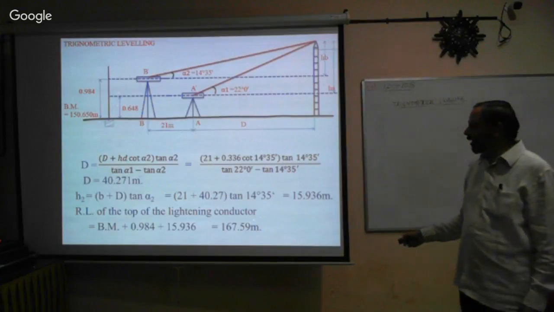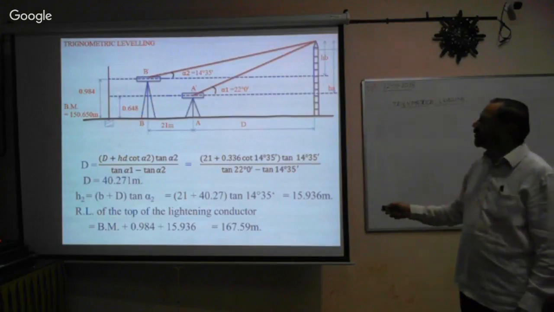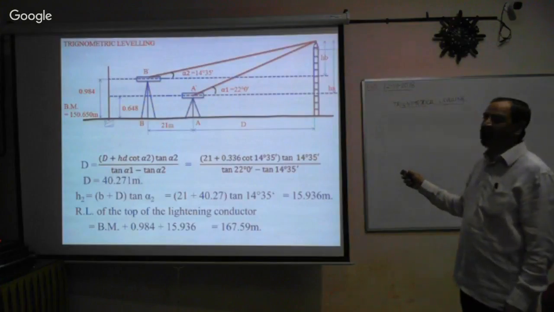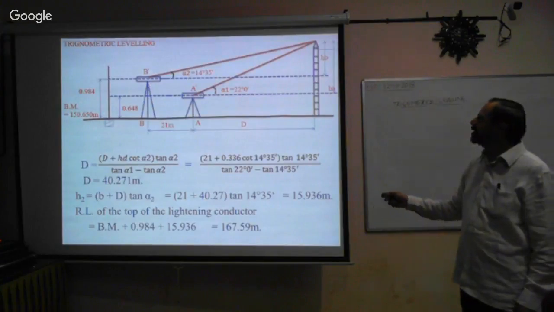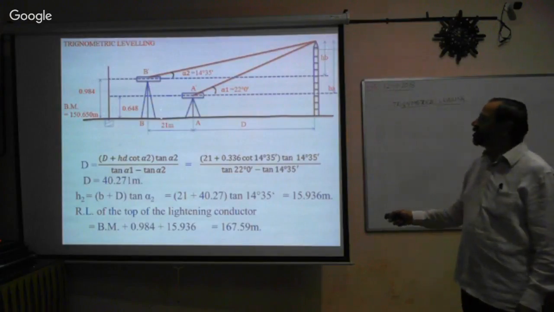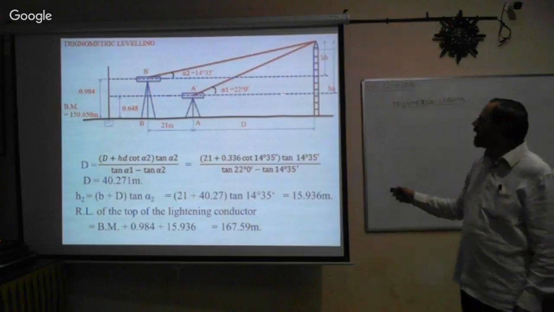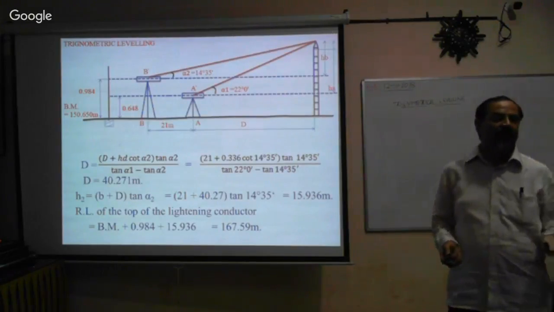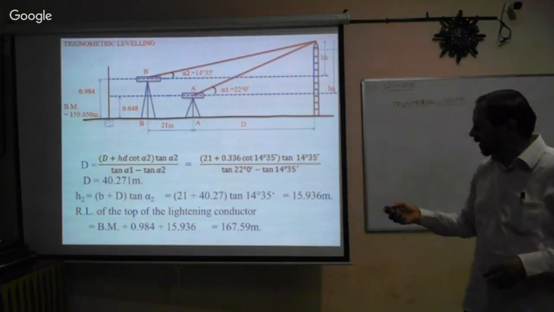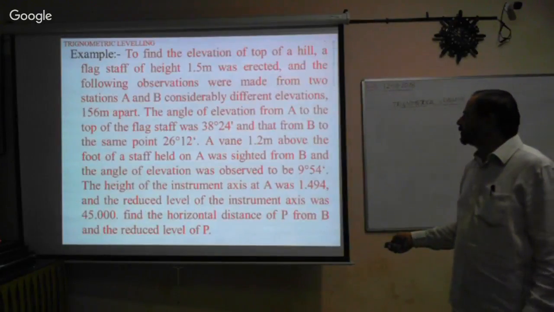Now substitute the values and we get the RL of P: benchmark plus staff reading plus HA, or benchmark plus staff reading plus HB. Accordingly, based on which triangle you are considering, you can calculate the value.